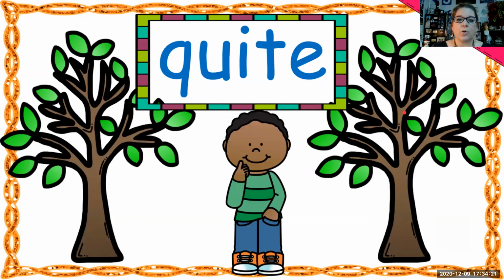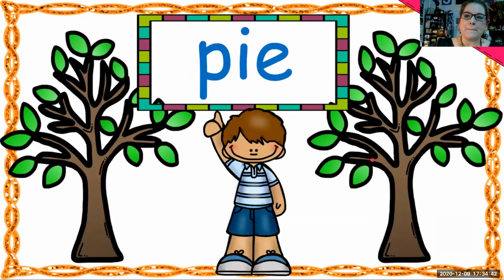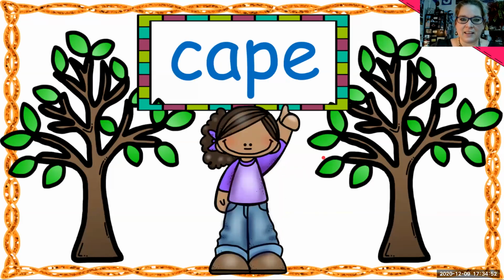Quite. That's right. It's going to go on the I tree, the long I sound. Quill. That's going to go on the short I tree. Pie. That's right. It's going to go on the I tree with the long I sound. Cape.